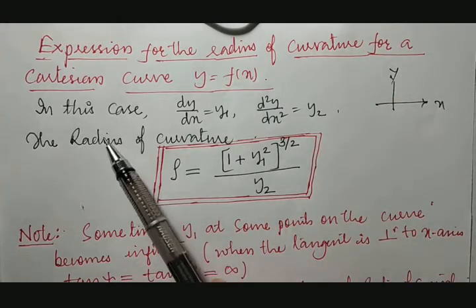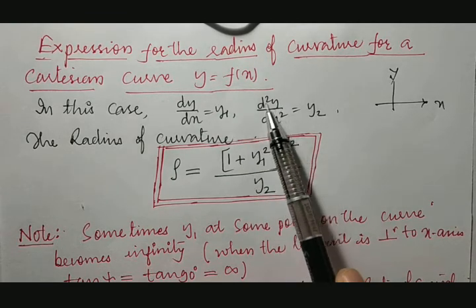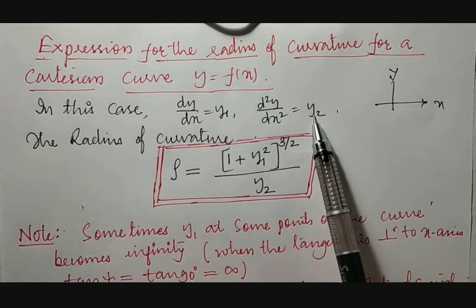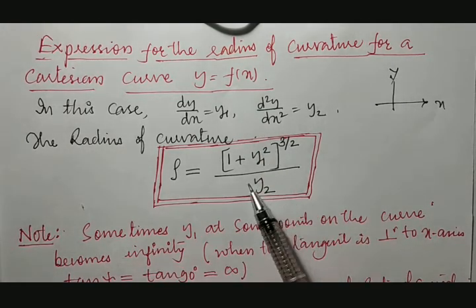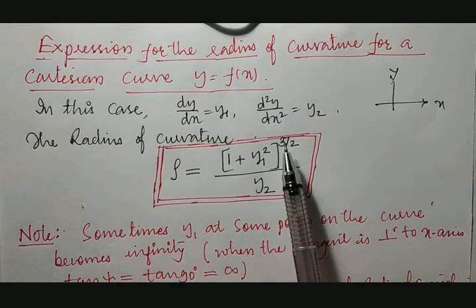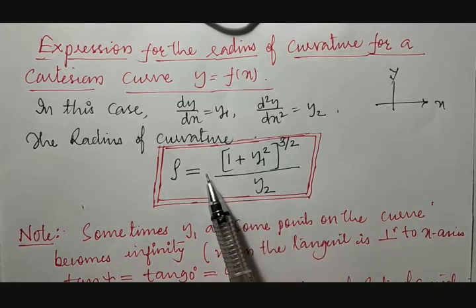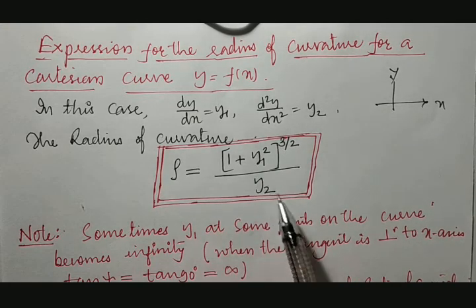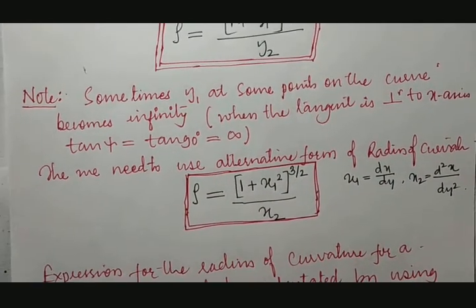Therefore, we need dy by dx, which will be treated as y1, and d square y by dx square, which will be treated as y2. Therefore, radius of curvature will be 1 plus y1 square raised to 3 by 2, the entire numerator, divided by y2. So this is the formula to calculate radius of curvature in Cartesian form.